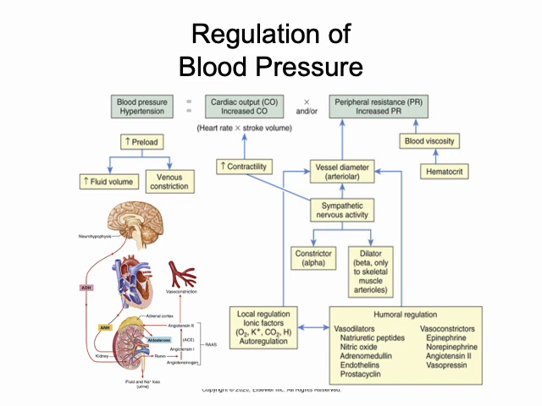NSAIDs are non-steroidal anti-inflammatory drugs that inhibit these COX enzymes, or cyclooxygenases, and have been associated with cardiovascular disease risk in healthy people, and also in those that have known cardiovascular disease.